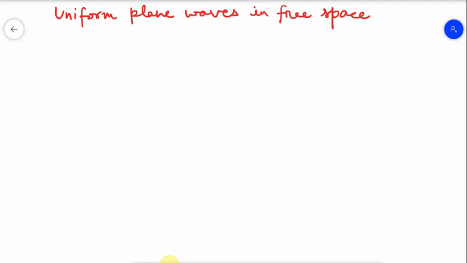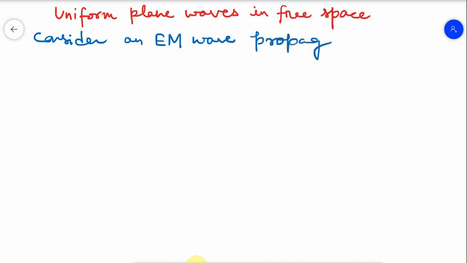Let us consider an electromagnetic wave. EM waves means electromagnetic waves propagating through the free space.